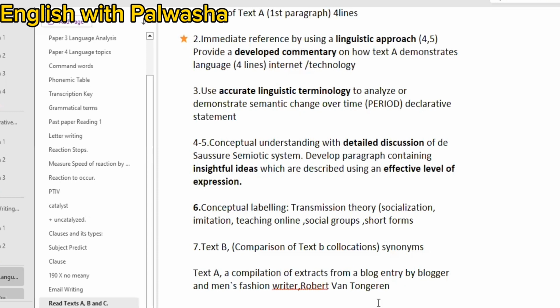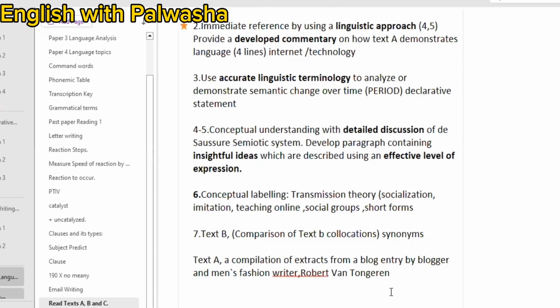And after that, you will be writing, it was written in which year? 2019, all right? Which means it is from present day English, right?